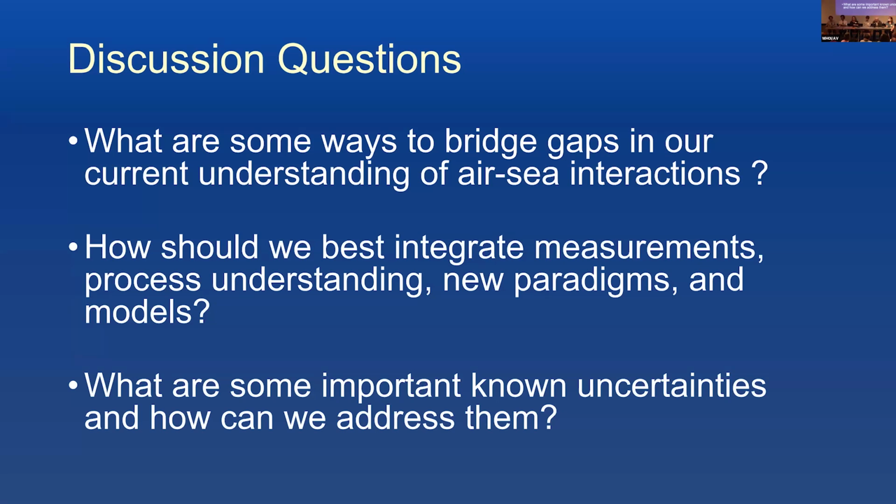I'll be very quick with this one. The satellites are wonderful in giving us an indication of the long-range transport of some of these aerosols, things like fire plumes or dust plumes. But when we're interested in the deposition flux, the mass flux of how much iron or how much phosphorus, and particularly the bioavailable fraction of that, we have to go back to the models to get those pieces of information.